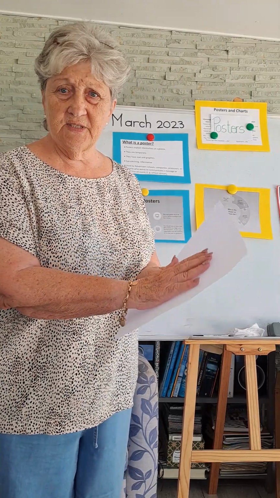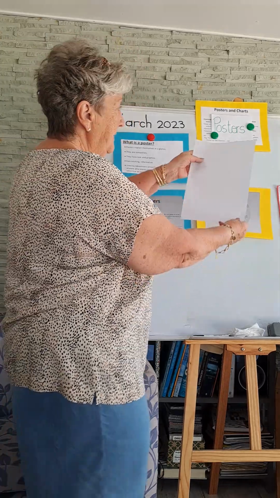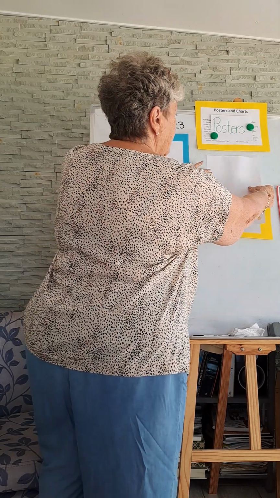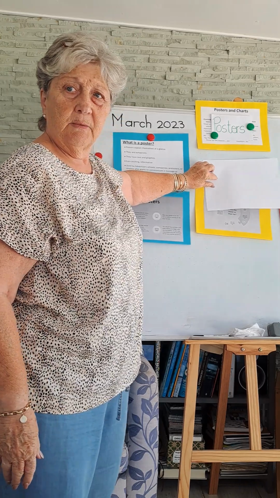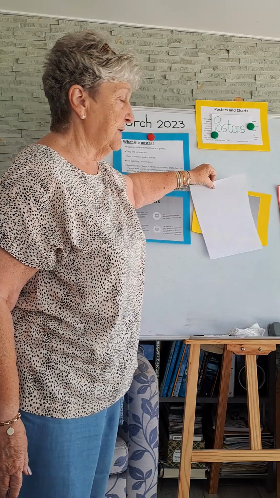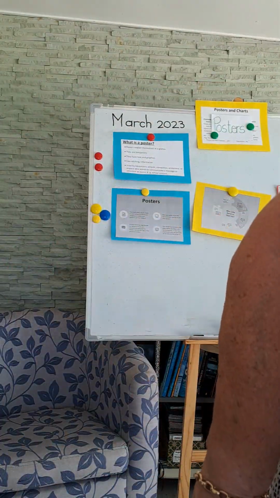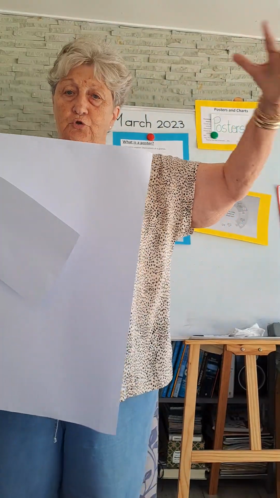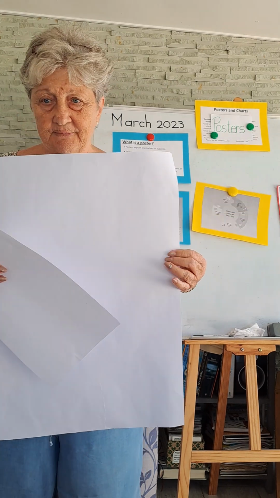So if I'm going to do something, let me do it and let me plan it. Either I want to make the poster this way, or I want to make the poster that way. Either I want the poster to be A4 size, or I want the poster to be a little bit bigger, or I want it to be huge, which would be an A3 or an A1 size.